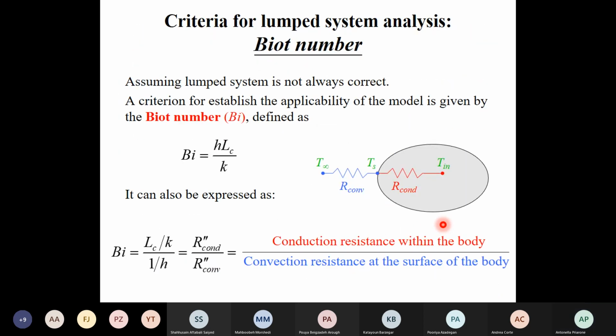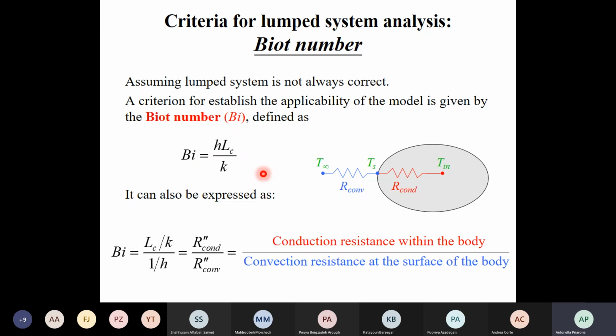And which are the parameters which define the Biot number? The shape in terms of Lc, volume divided by external area, the convective coefficient outside, and the material of the body, obviously. This number is similar to another dimensionless number. Do you remember something about it?